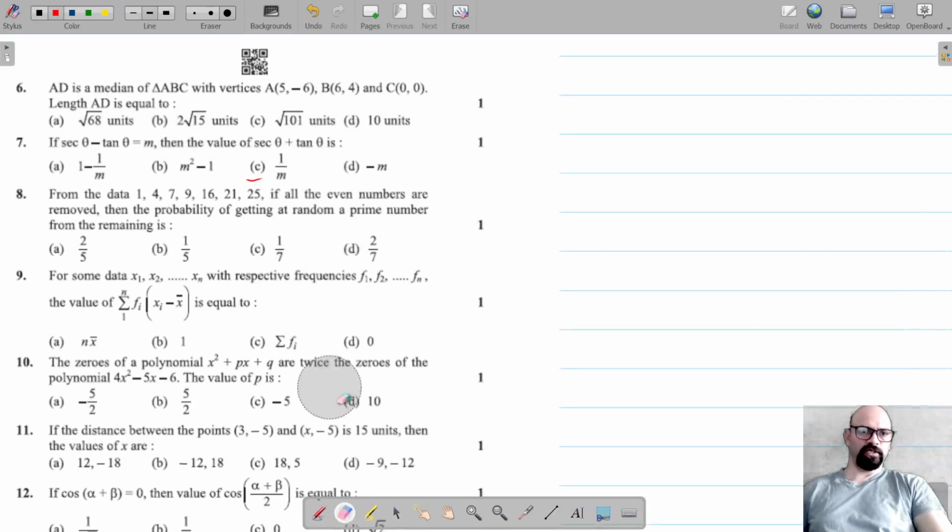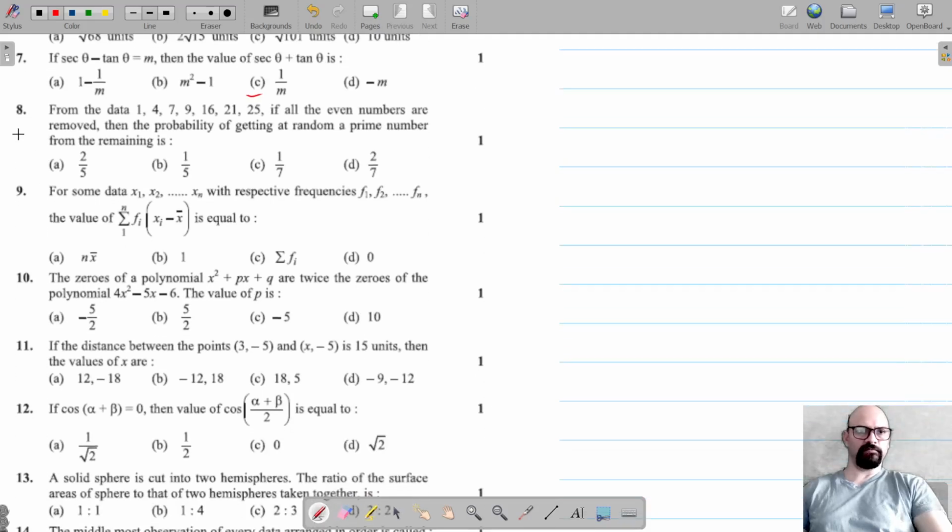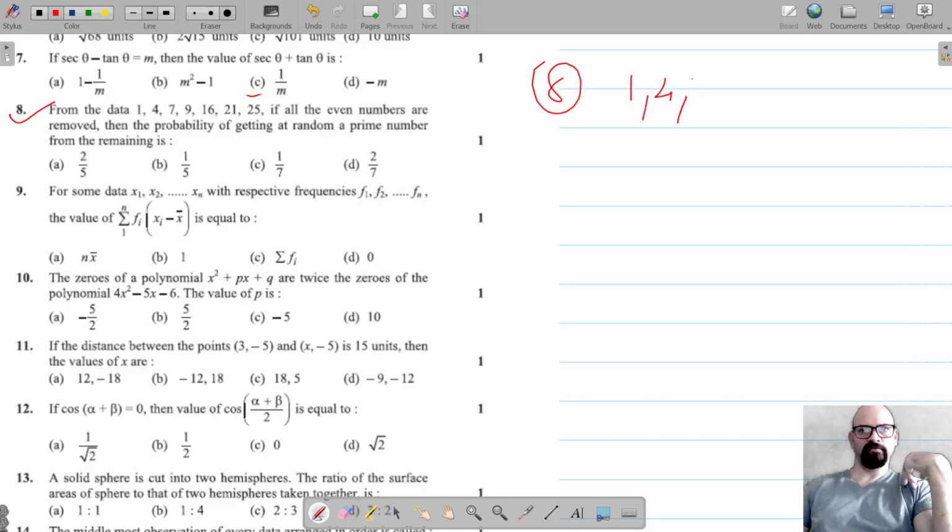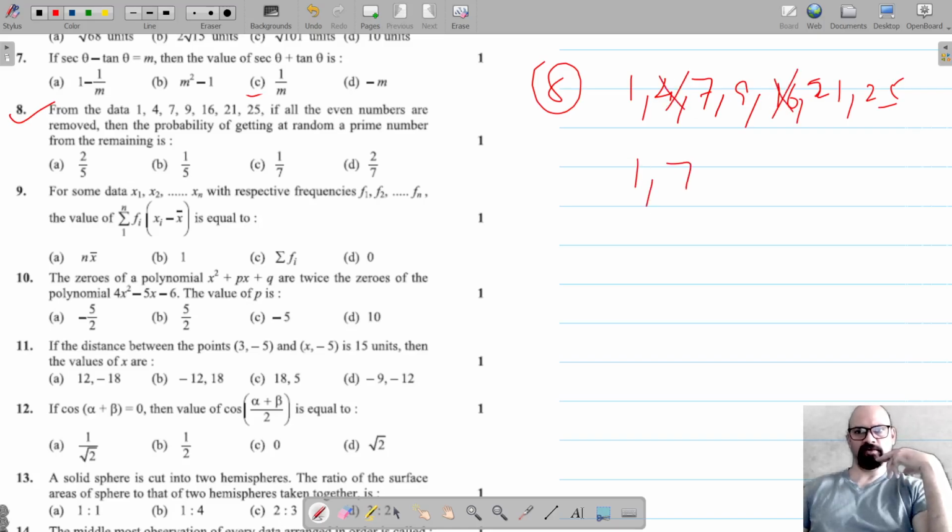For question number 8, it's given that from the data 1, 4, 7, 9, 16, 21, 25, all the even numbers are removed. The even numbers are 4 and 16, so we are left with 1, 7, 9, 21, and 25.